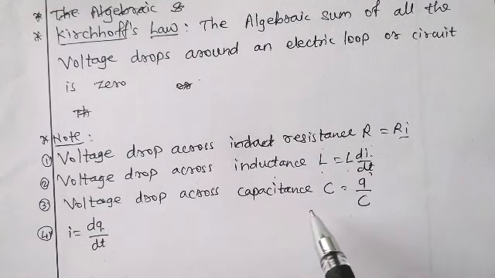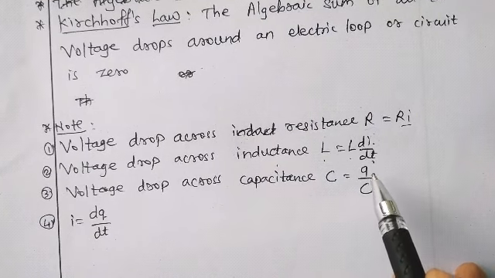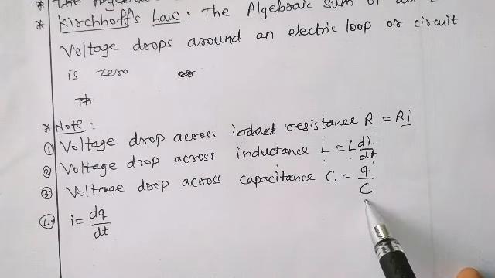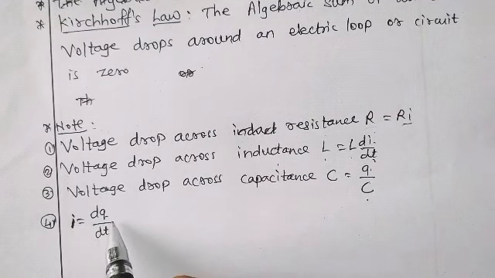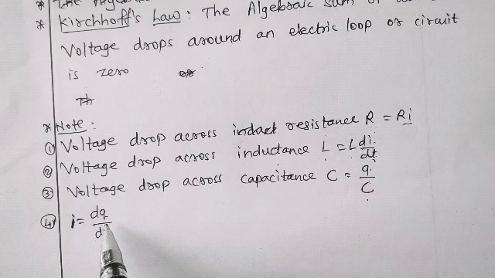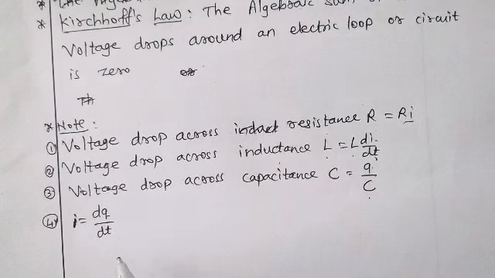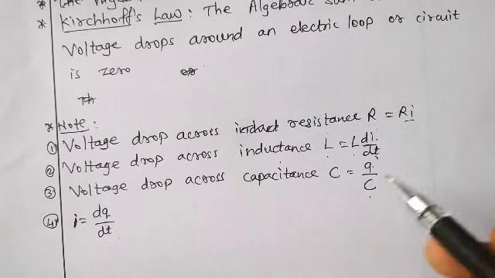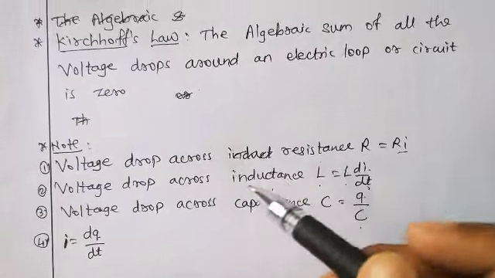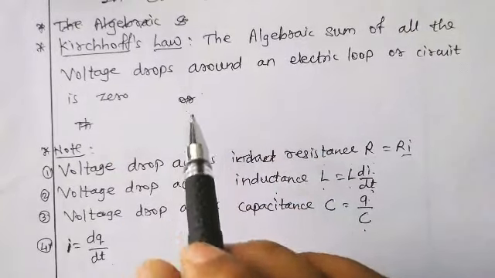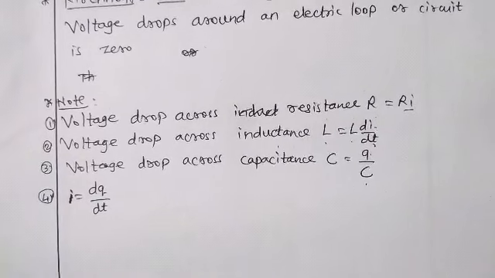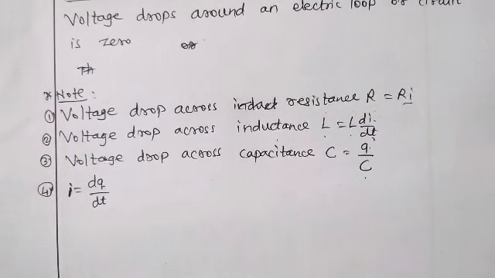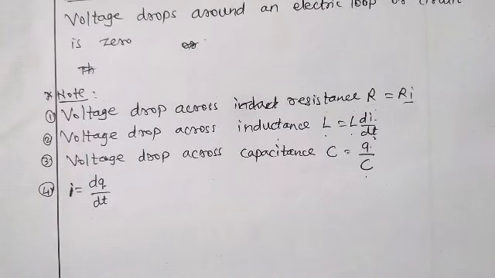Voltage drop across capacitance C is equal to Q upon C. And you know that the current i can be written as the rate of change of charge with time, that means dq upon dt. So by using these voltage drops and Kirchhoff's law, we can form a differential equation for an electrical circuit. So we learn how to form a differential equation.